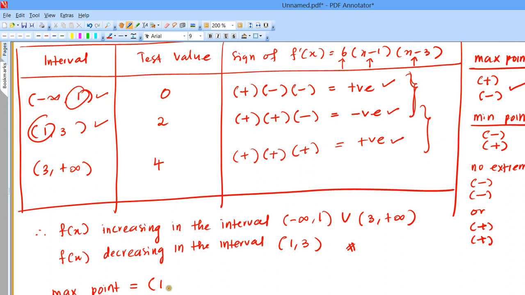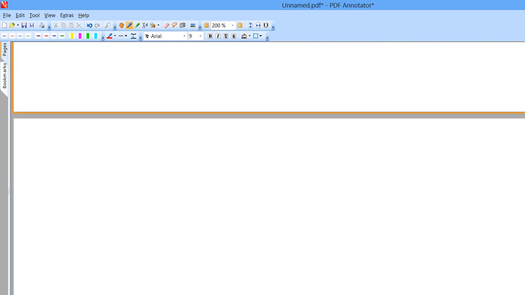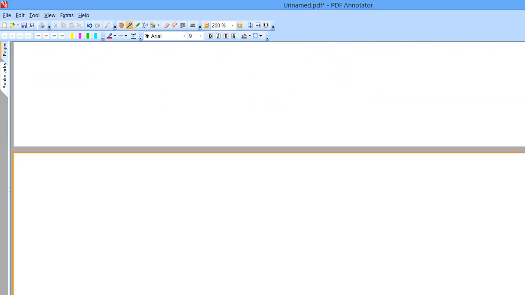And then how to find the next value? The next value is actually the value of our critical point. Based on our critical point, if the critical value is 1, the value of x equals 1. And then we have the minimum point.